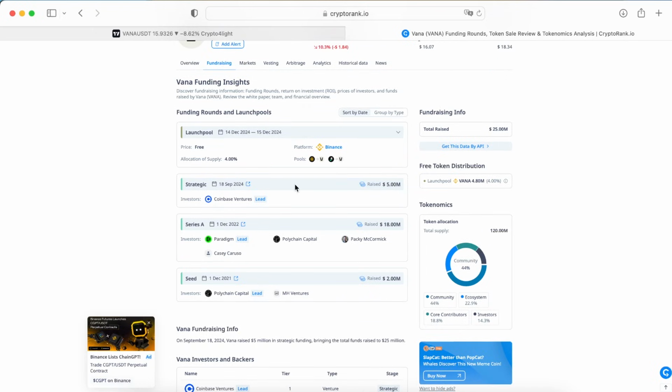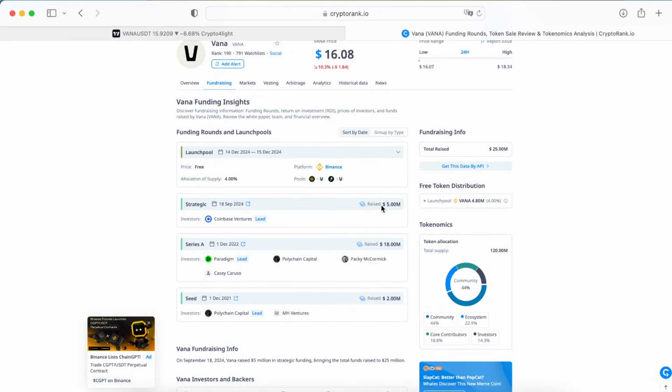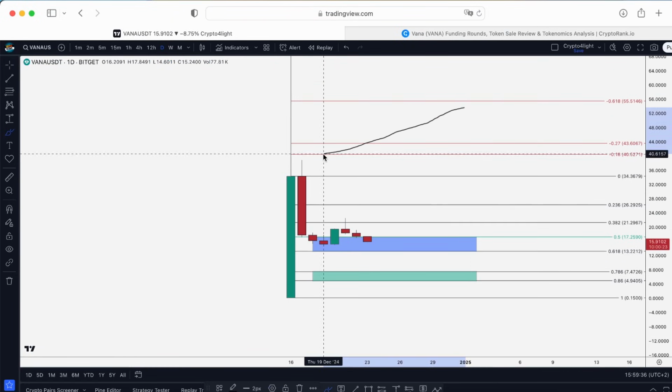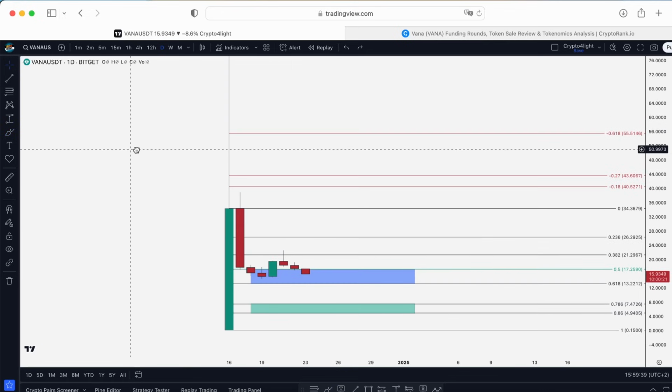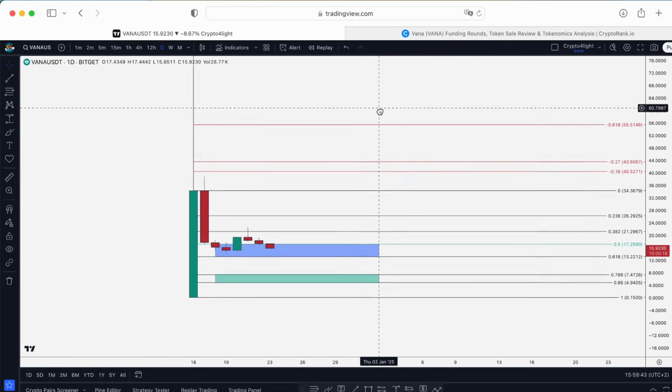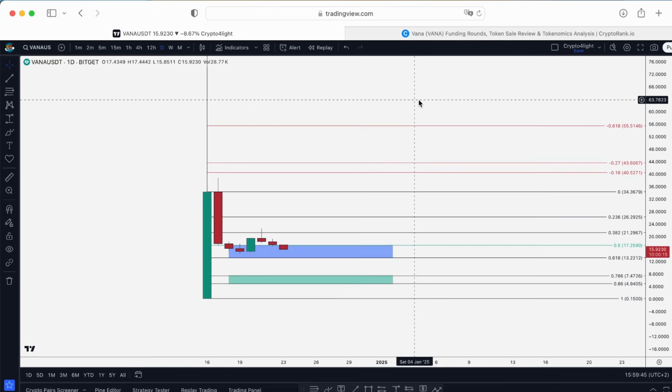The next one is September 2025, when Coinbase Ventures invested 5 million. So definitely, with Coinbase Ventures on board a few months ago, I think they will hit a new all-time high with that token. But guys, we can't know the exact prices at which they got their allocation. So I hope, of course, we will see a new all-time high.